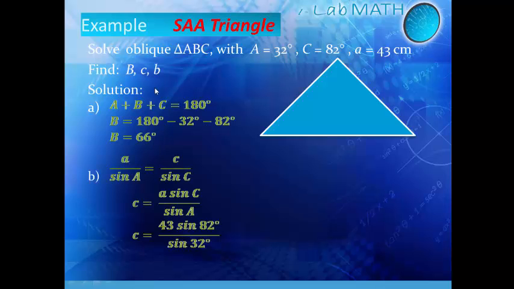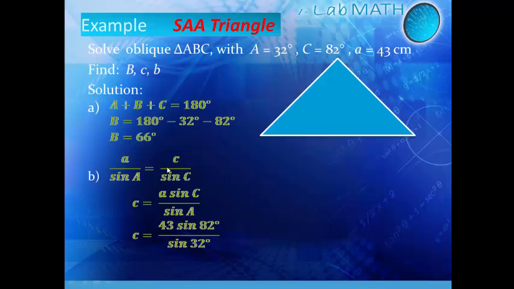Okay, so we're now ready to solve for another unknown part, that is side C. As you can see, you have A over sine A, which is 43 and 32. Both measures are given. We have C that we're looking for, and angle C is also given, that is 82. In an equation like this, you only have one unknown variable, and that is side C.